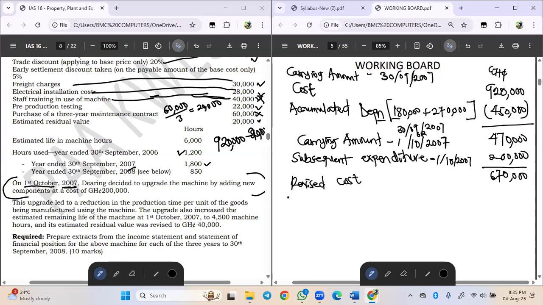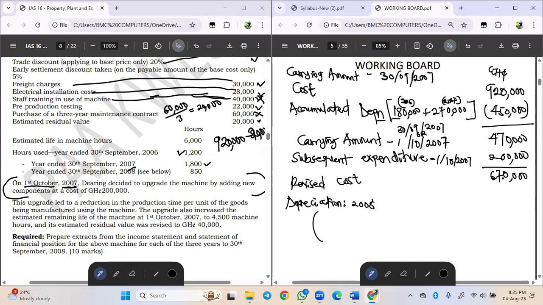Now we have to calculate depreciation, because the depreciation we calculated, this one was for 2006 and this one was for 2007. So you have to calculate depreciation for 2008, because we want 30th September 2008. So depreciation 2008: you pick our information here.